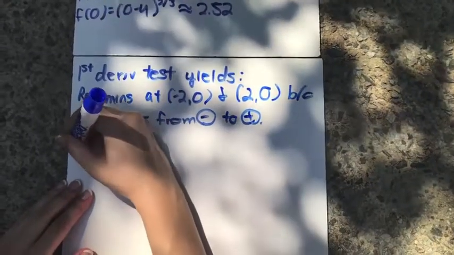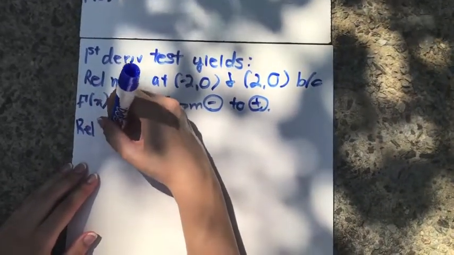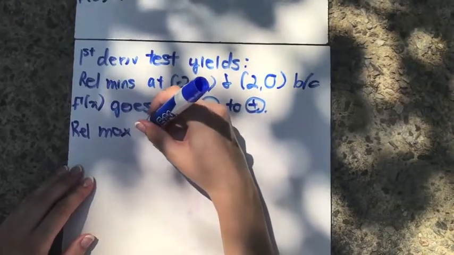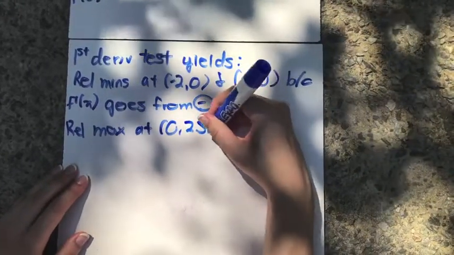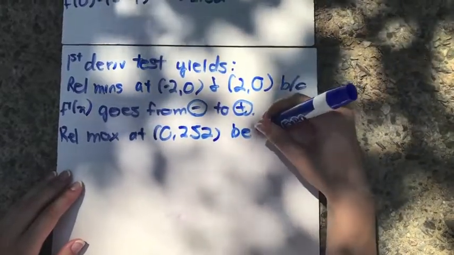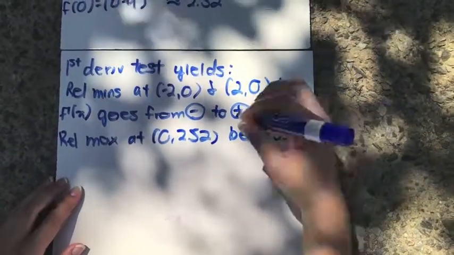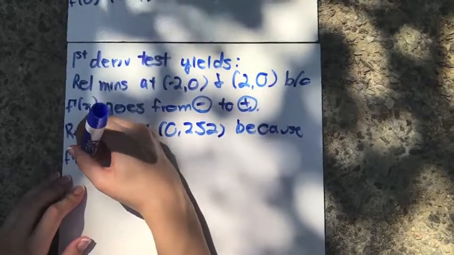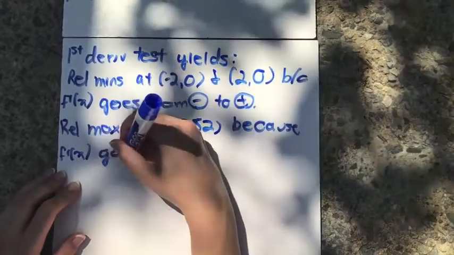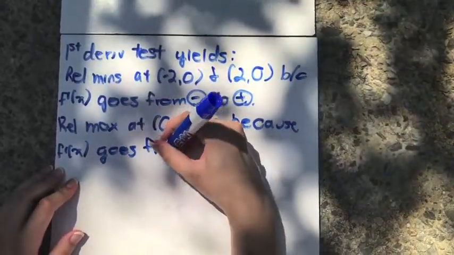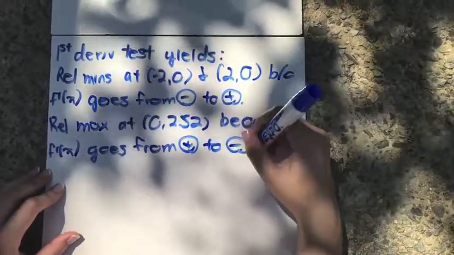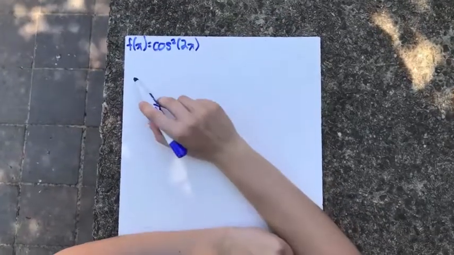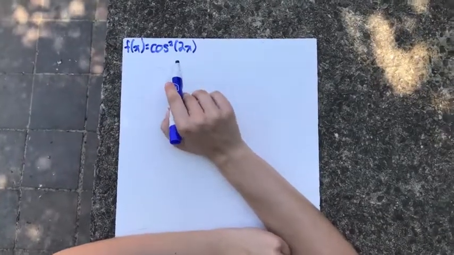You also have a relative max at 0, 2.52 because f prime of x goes from positive to negative. That is the answer.